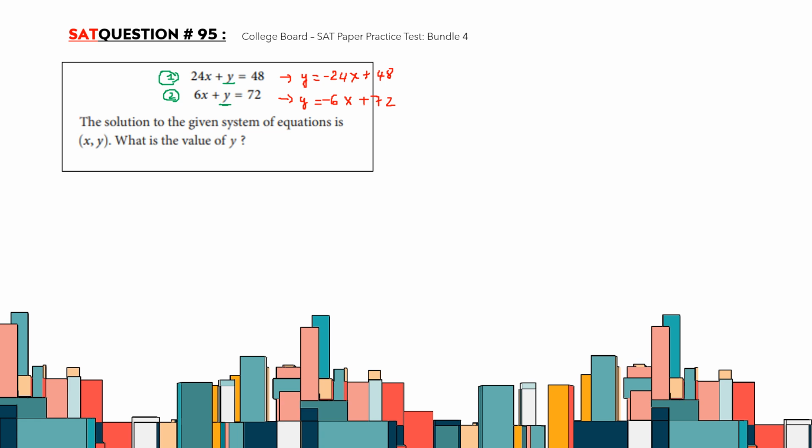So we take the first equation and subtract the second equation by columns. By column, we mean we take the left hand side and the right hand side. Don't mess this up. First we have 24x plus y, and we subtract 6x plus y. That is your left hand side.